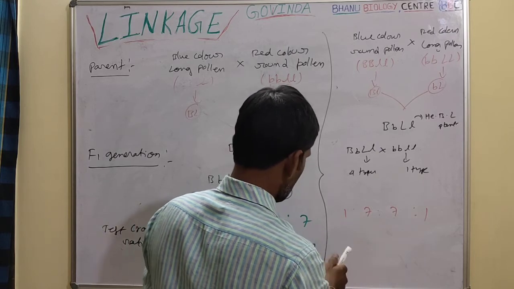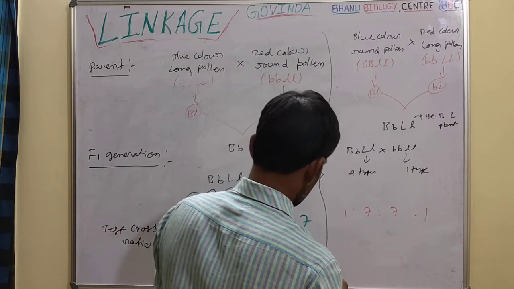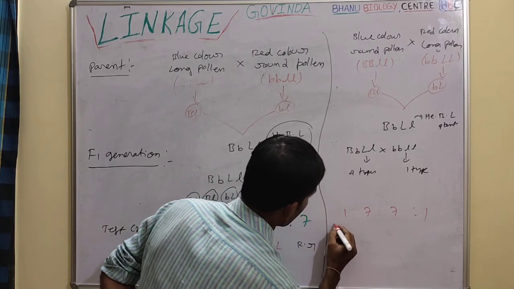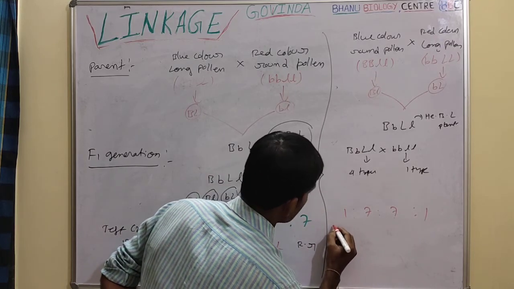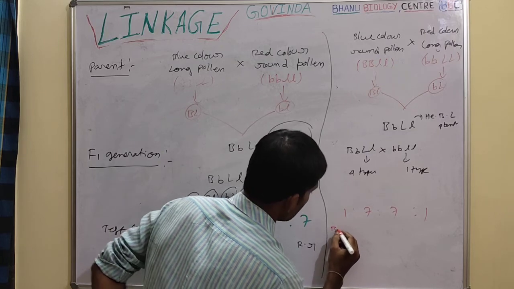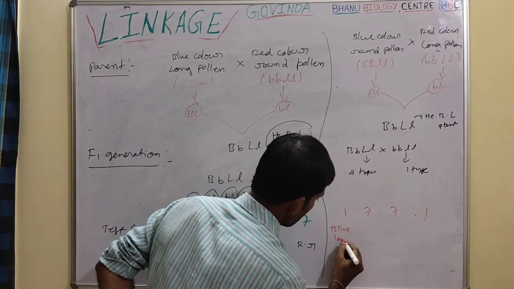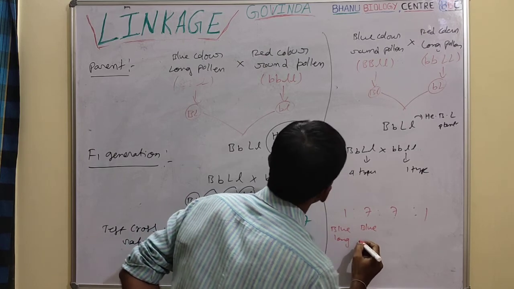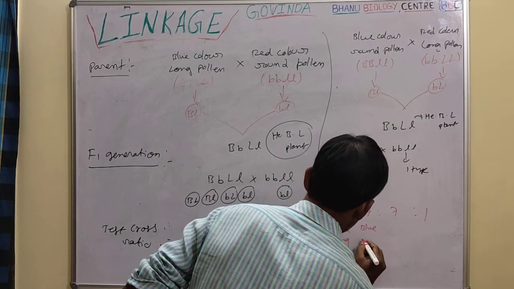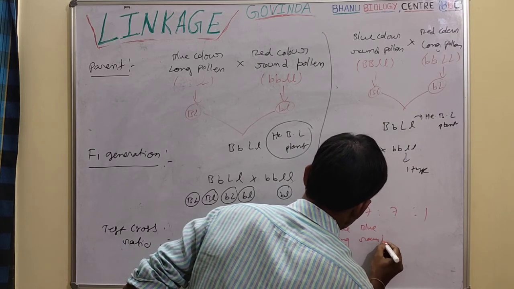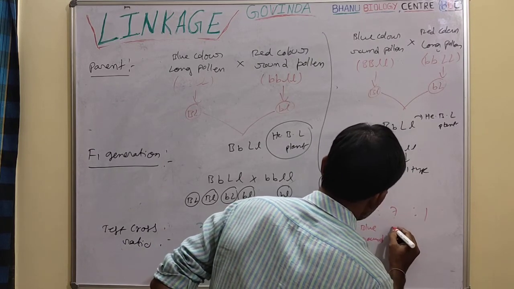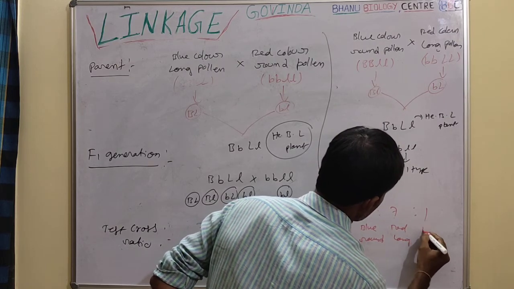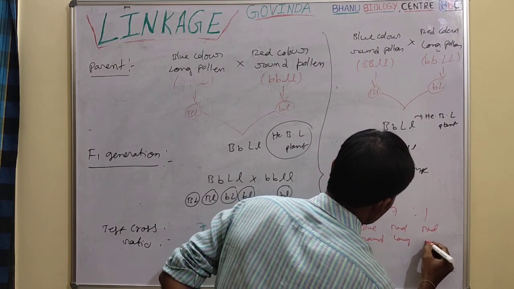So here the 1 is the parental type, and the 7 is the recombinant type. This one is blue long, this one is blue round, this one is red long, and this one is red round.